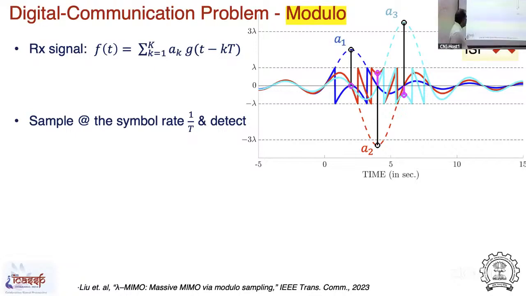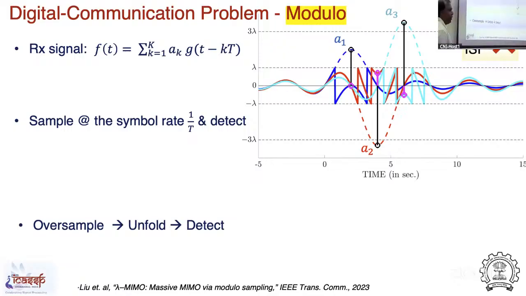This problem was considered in some recent papers for MIMO communication and similar scenarios. What they said is that instead of sampling at the symbol rate, since most of these signals are band limited, you oversample, do the unfolding using one of these algorithms that we talked about, and then use your symbol detection. Can we do that?